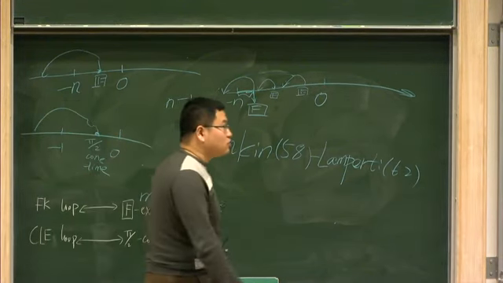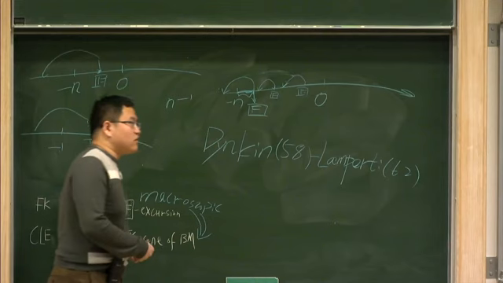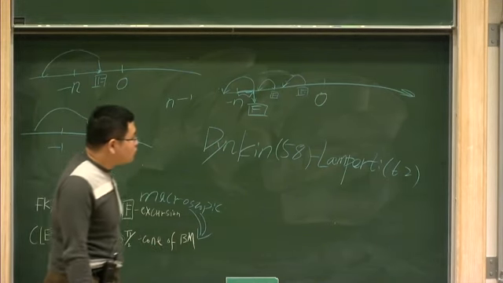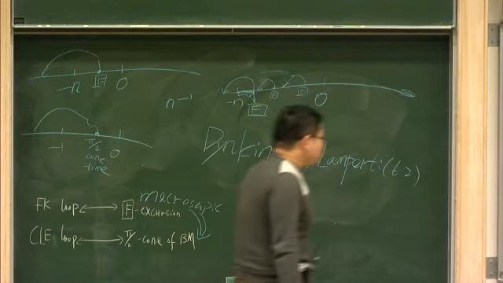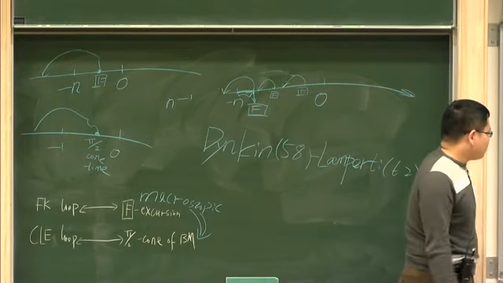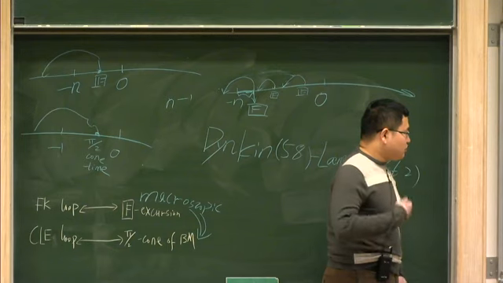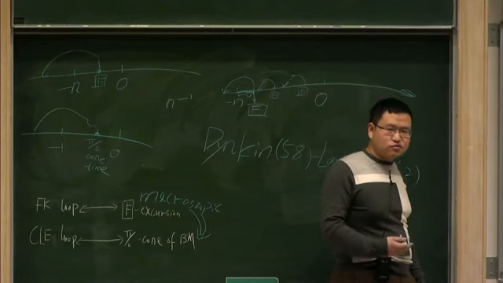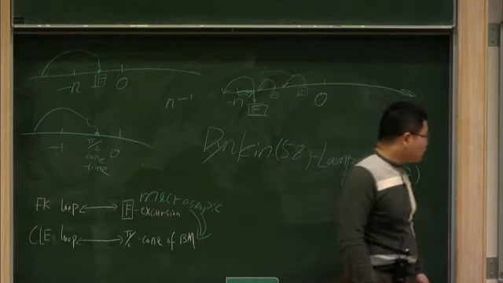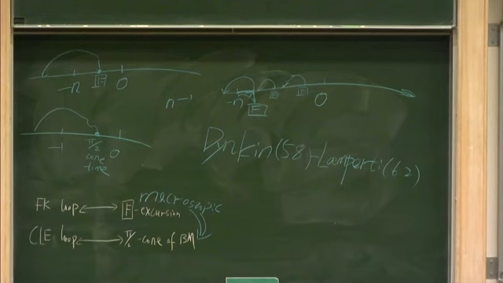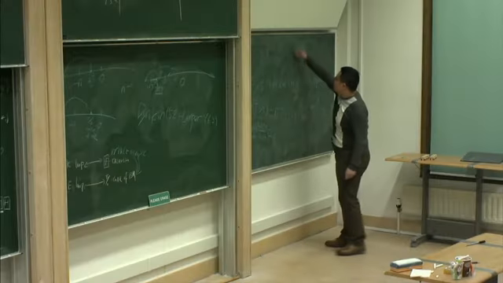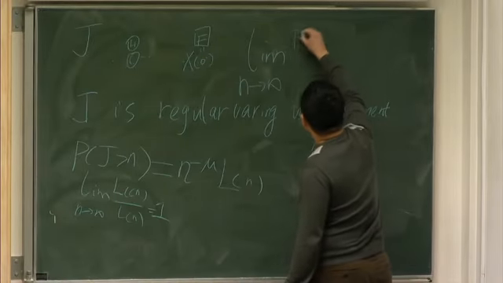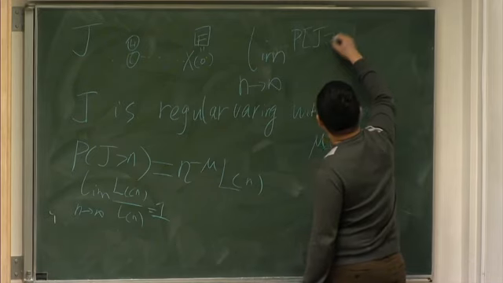Okay, so I still have some time to talk about a little bit more details. To prove such a kind of statement, we initially wanted to use some combinatorial argument to do some enumeration, but we didn't manage to do that. Instead, we are trying to prove this.